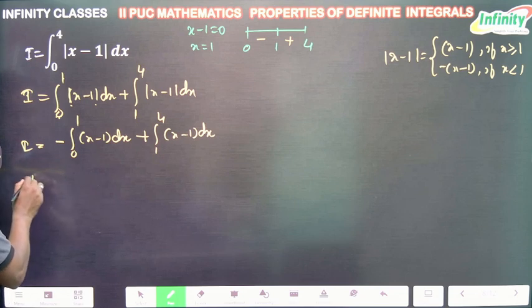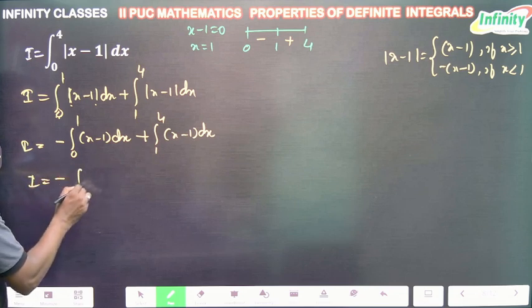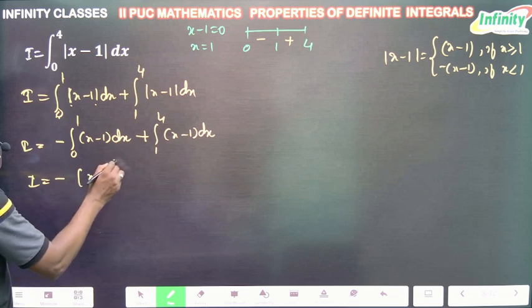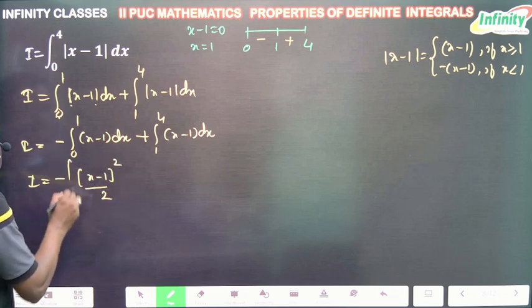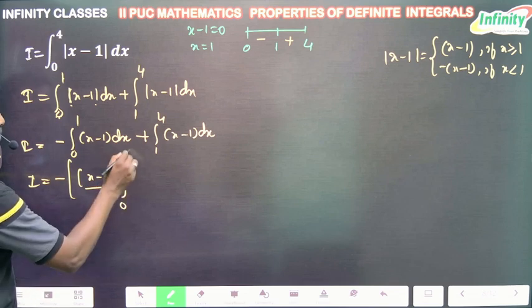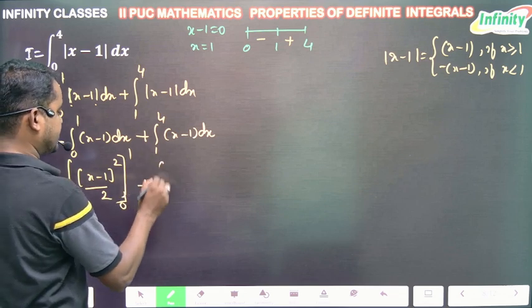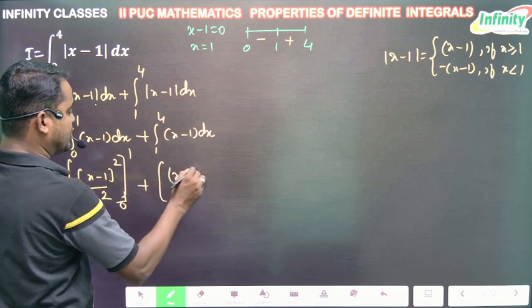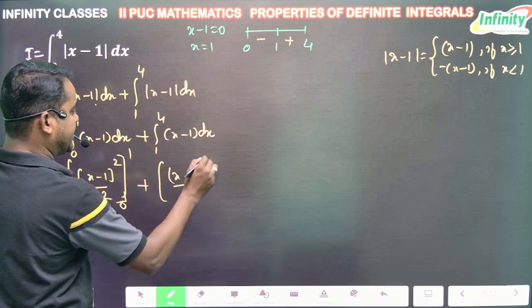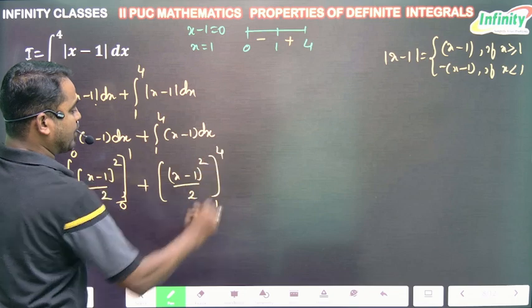Now again in the same way, minus x minus 1 whole square divided by 2 between the limit 0 to 1, plus x minus 1 whole square divided by 2 between the limit 1 to 4.